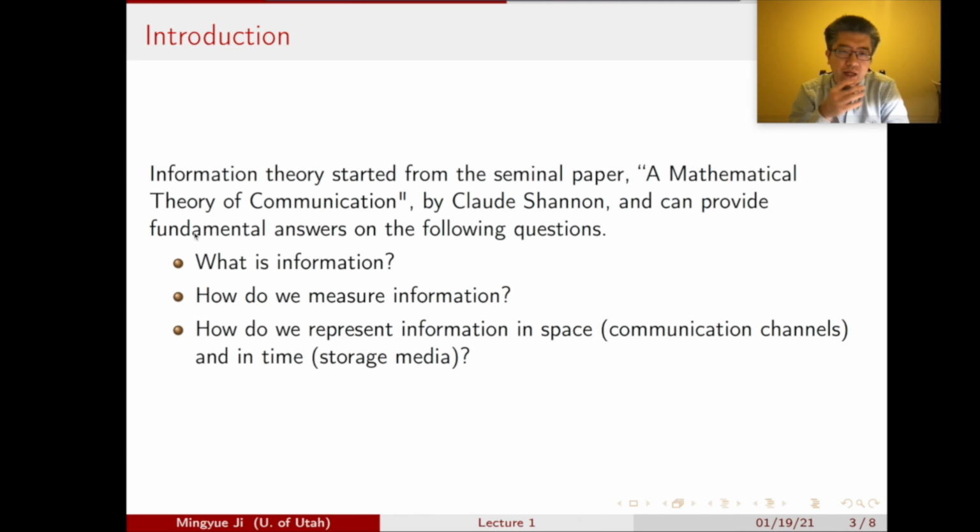We covered these two topics in our previous lecture. For most of this course, we're going to talk about how we represent information in space and in time. In space means we're going to talk about communications, and in time, we're going to talk about compression.